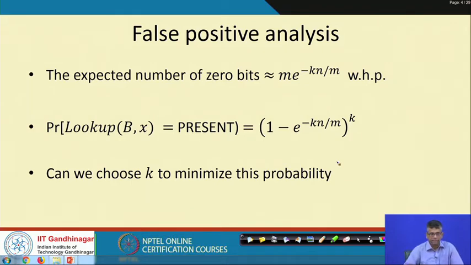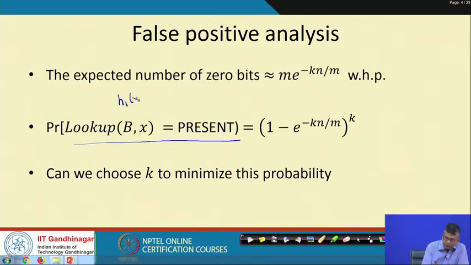So, now we are saying that the probability of a single bit being 0 is e to the power minus k n by m. Lookup will return present if all the k bits, h1 of x, h2 of x, until hk of x, all of them say 1.